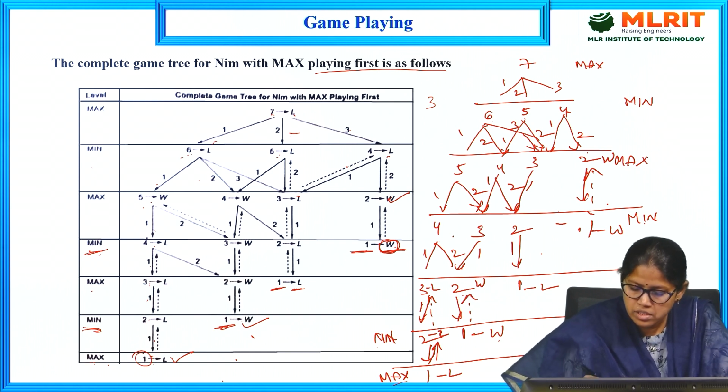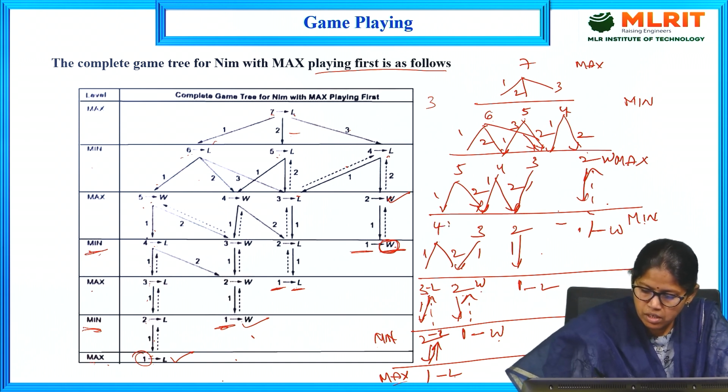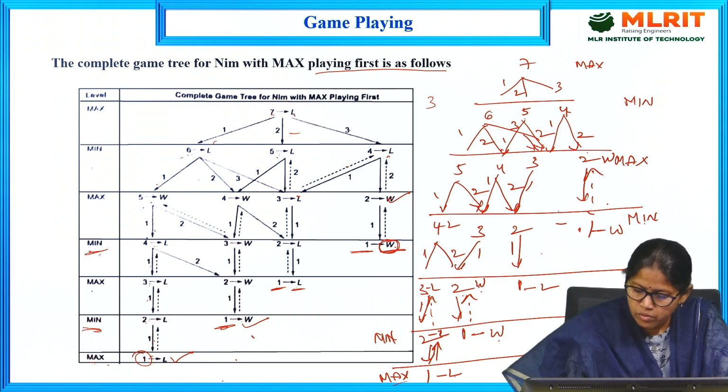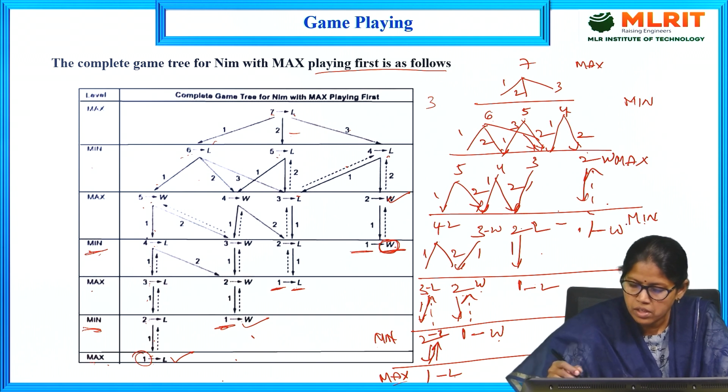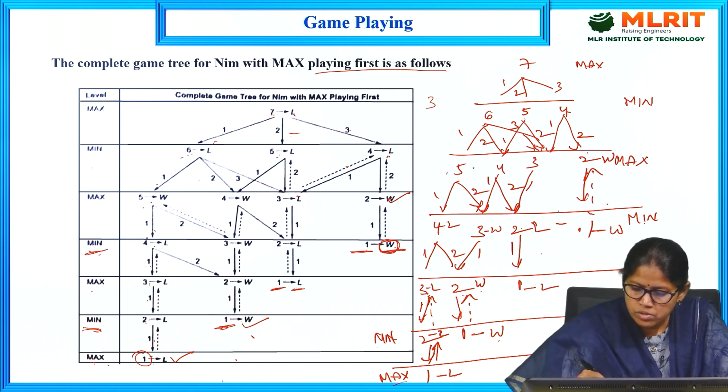Next, at a min level, the successors are loss and win, so it will take a loss, and here win, so it will take win, and here loss, win. Next, at the fifth node, loss, win, so it will take win because it is a max, and at the fourth node, win, loss, it will take win only.